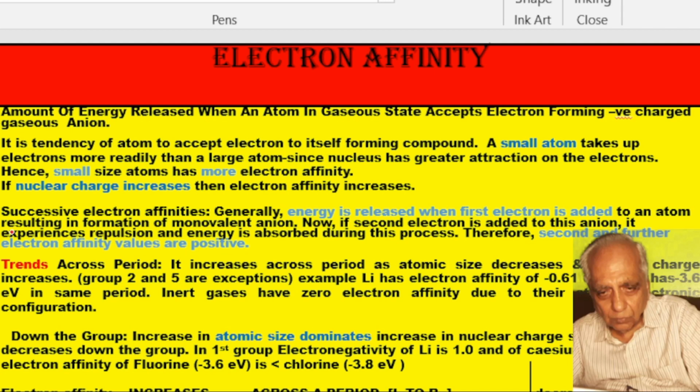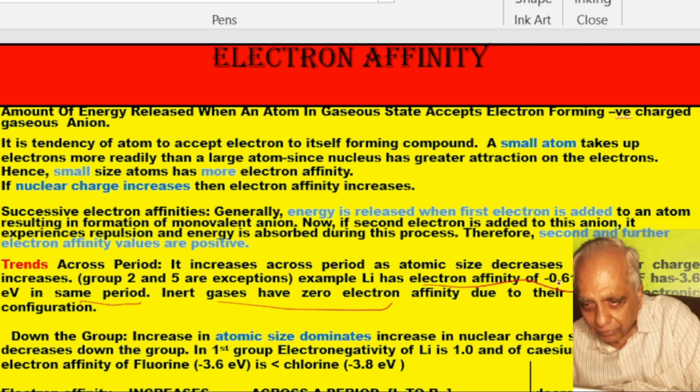So electron affinity has increased from lithium to fluorine. Here energy release was 0.61, now energy release is 3.6. So the energy release has increased. Therefore we say electron affinity increases from left to right in a period. Inert gases have zero, because they have stable electronic configuration.